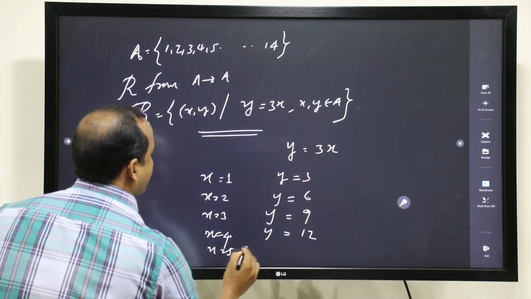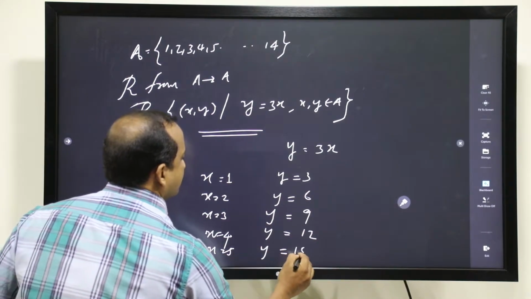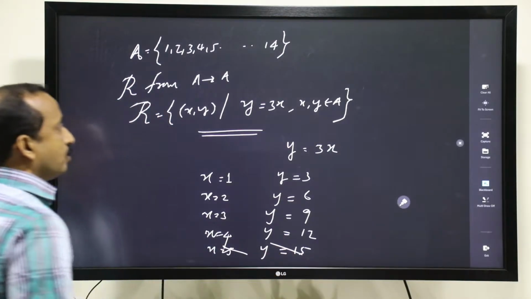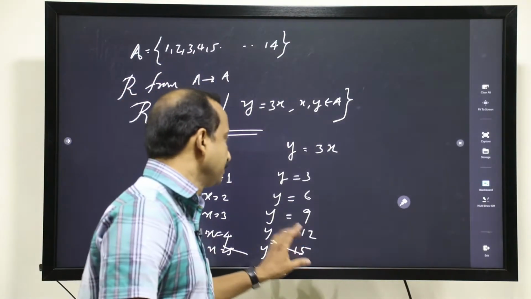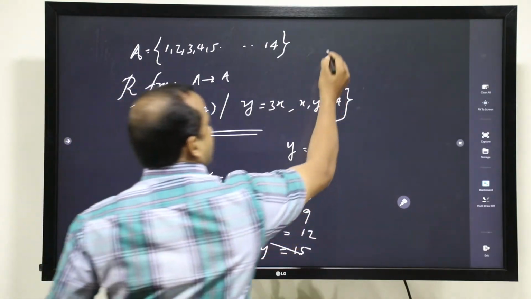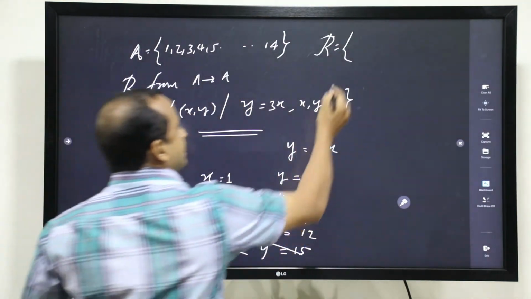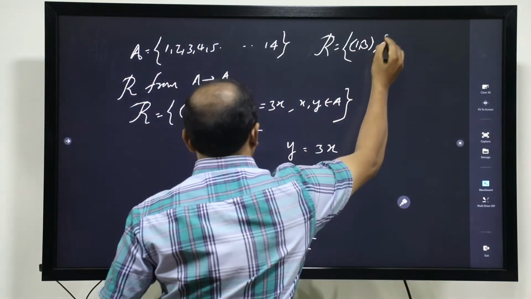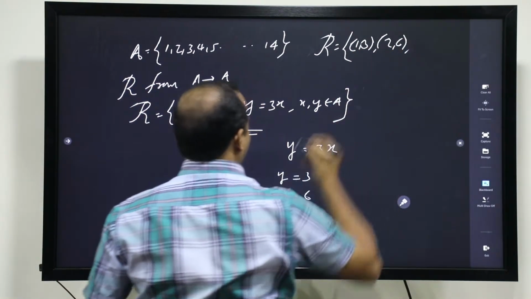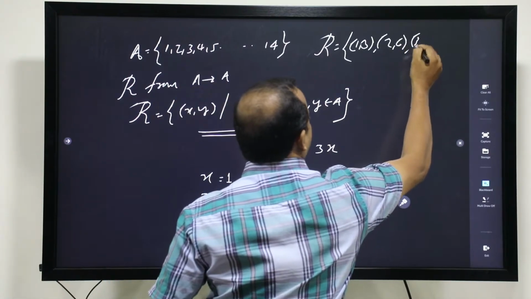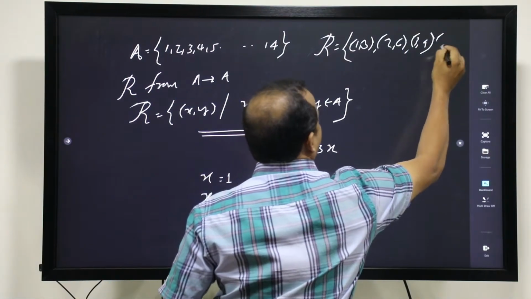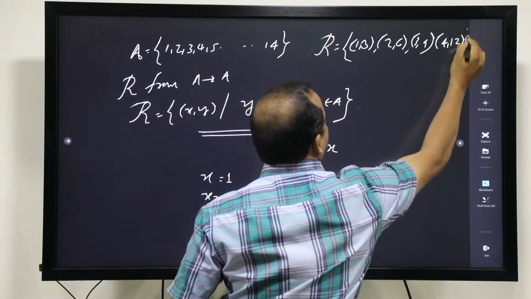When x is equal to 5, y is equal to 15, which is not an element of the given set. So our required relation R is {(1, 3), (2, 6), (3, 9), (4, 12)}.